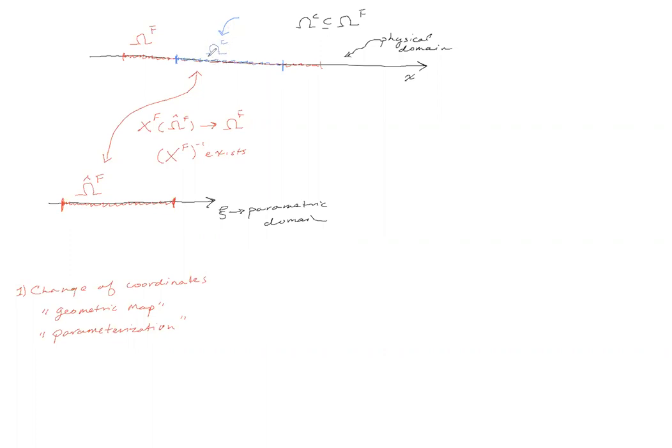In general, that's how engineers create geometry for the most part, is they'll encapsulate it in some kind of computer-aided design, and then they'll run a finite element problem over the top of that. Now, you might ask yourself, well, is there some parametrization or geometric map for omega c? That's a very reasonable question.